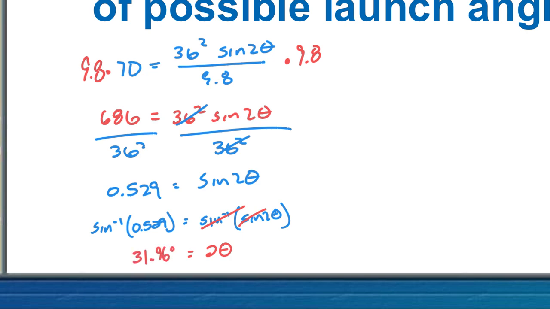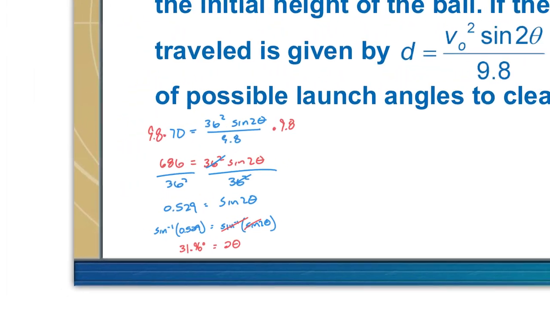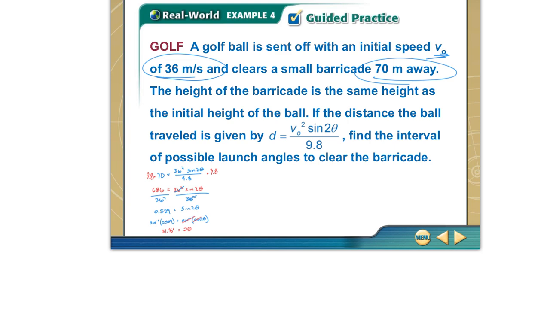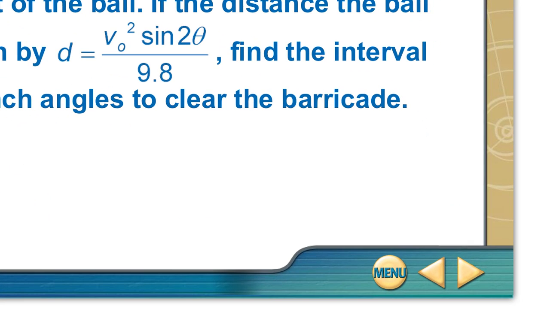31.96 degrees. Now, if we think about the situation in this problem, we're talking about shooting a golf ball over a barricade, okay? So just visually speaking, here's the ground, here's a golf ball, here's a barricade, ball's going over the barricade.